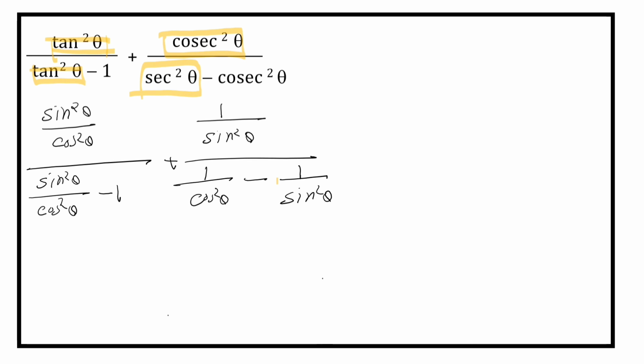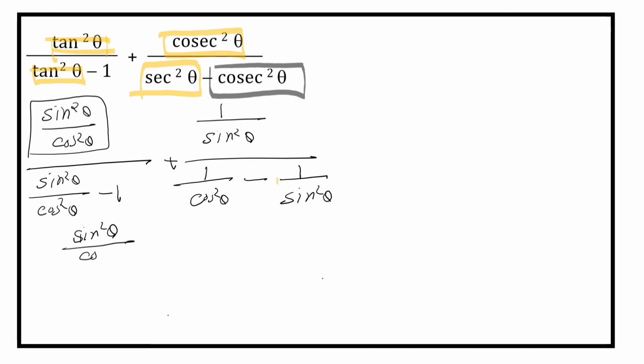Now take LCM of the denominator. Numerator, it is as such. Let us write it as such. Sin square theta upon cos square theta upon. Here let us take LCM of 1 and cos square theta. What is it? Cos square theta.